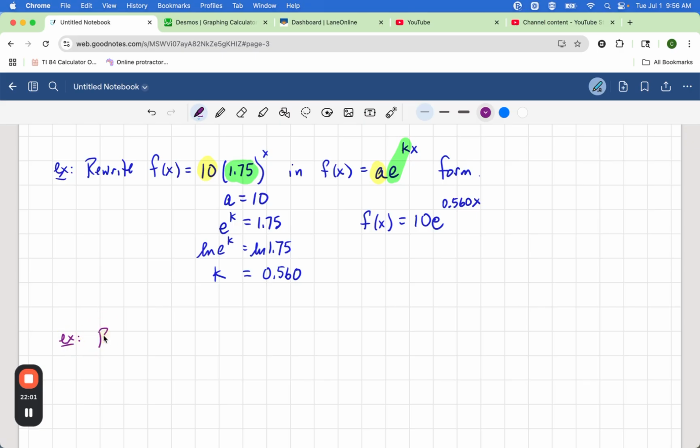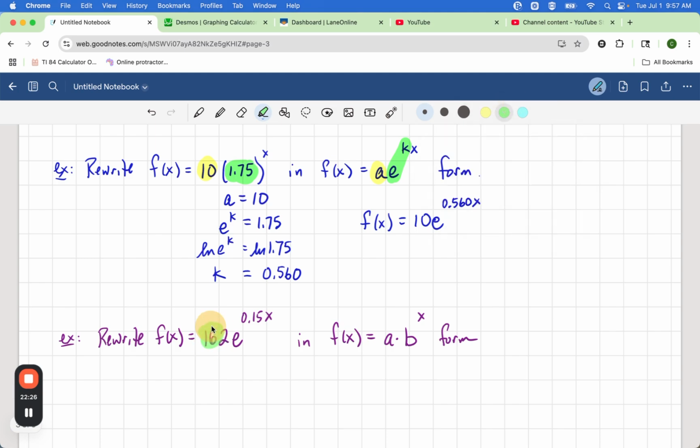So rewrite f of x equals 162 e to the 0.15x in f of x equals a times b to the x form. Alrighty. So same deal. Let's compare.